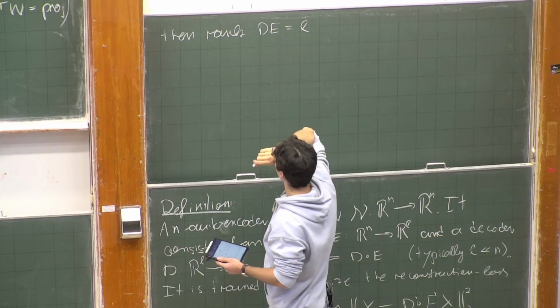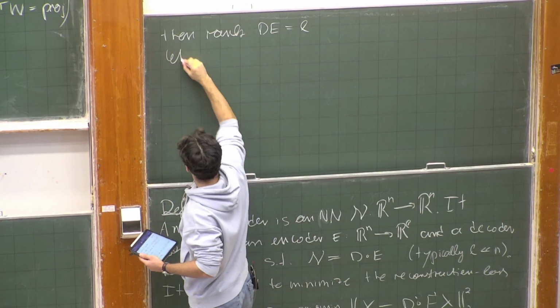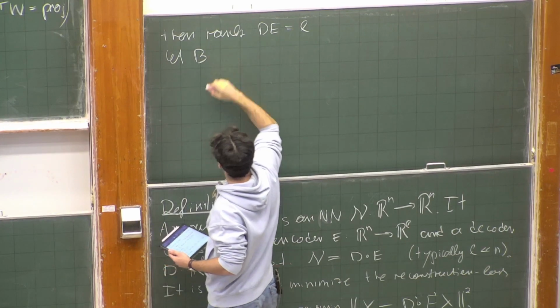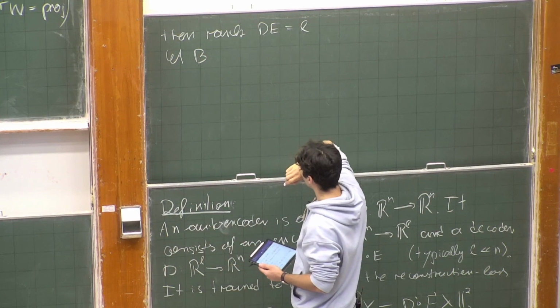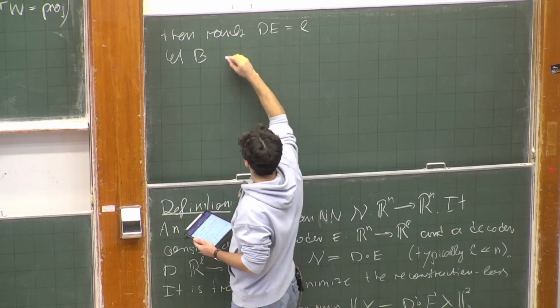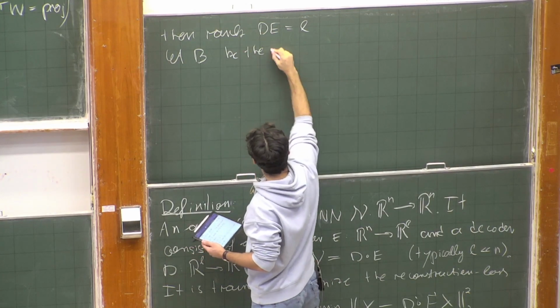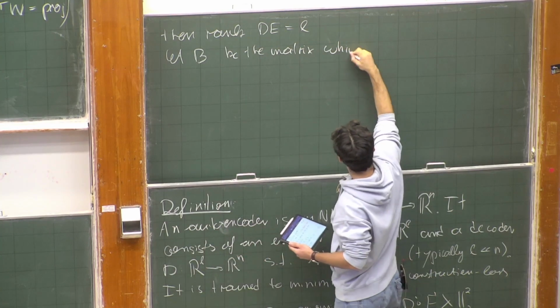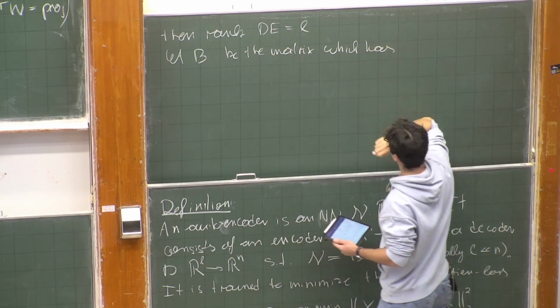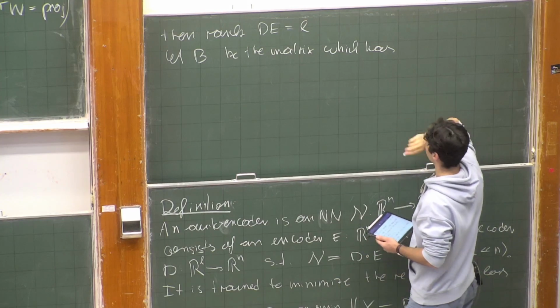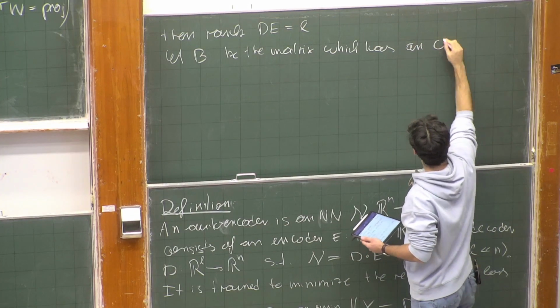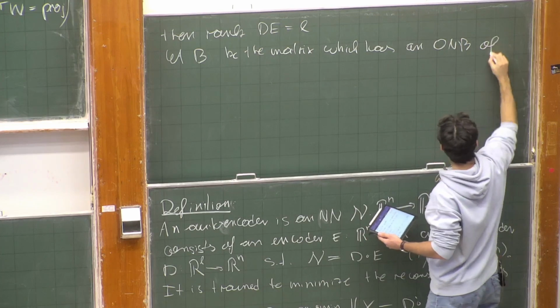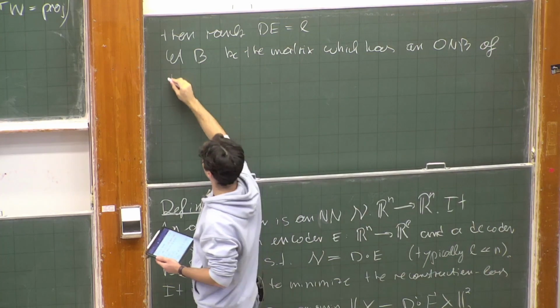Okay, and now we construct another matrix B as follows. Let B be the matrix which has an orthonormal basis of the image of DE as rows.